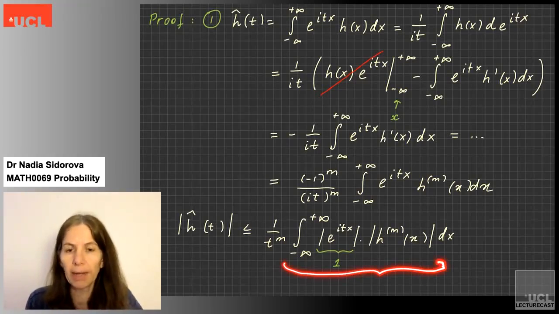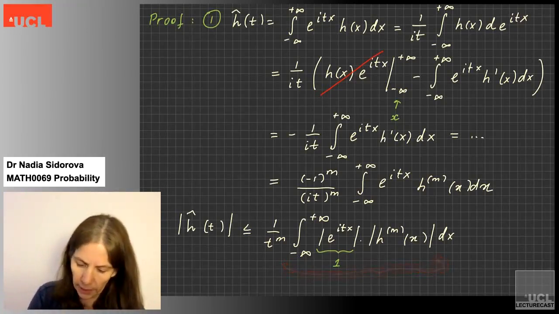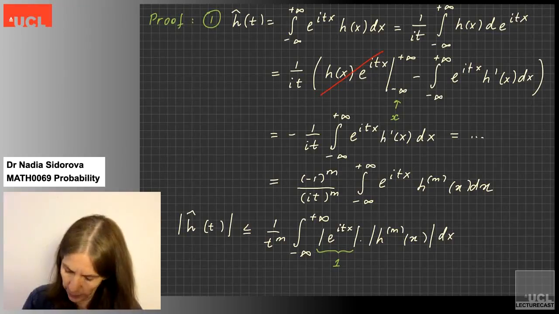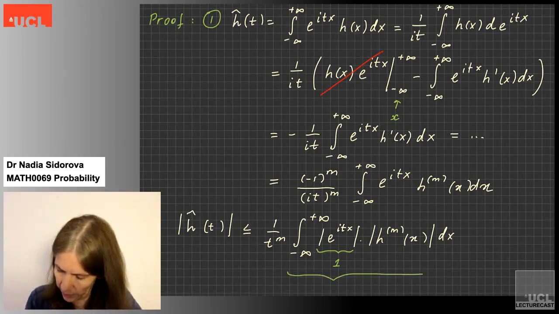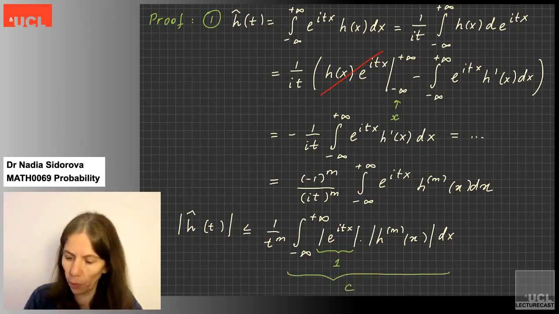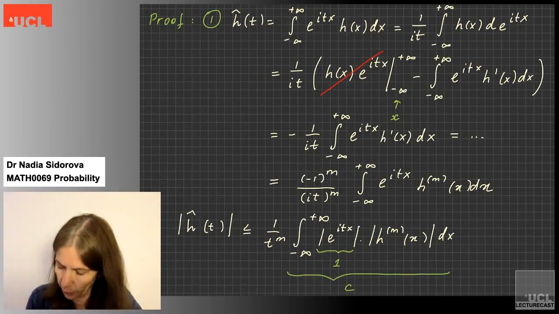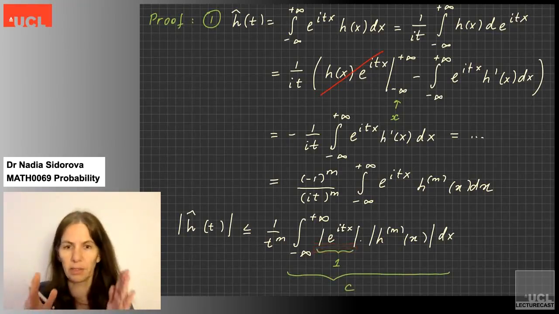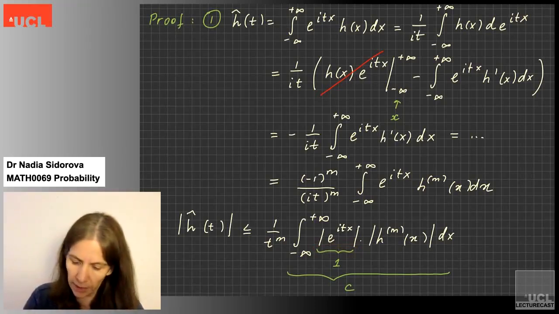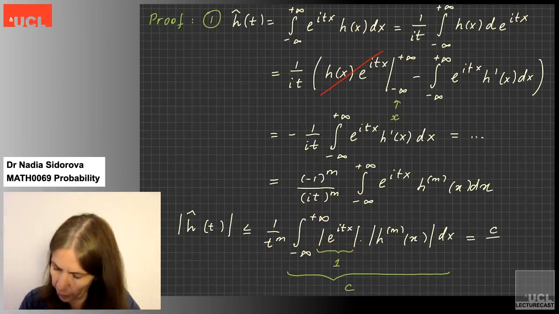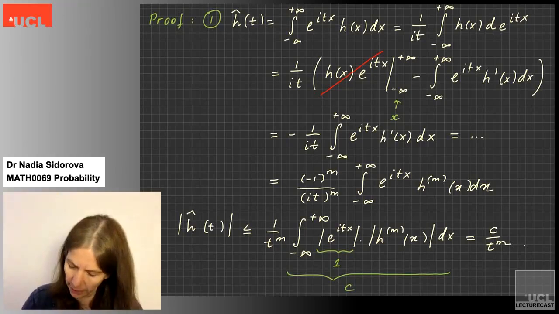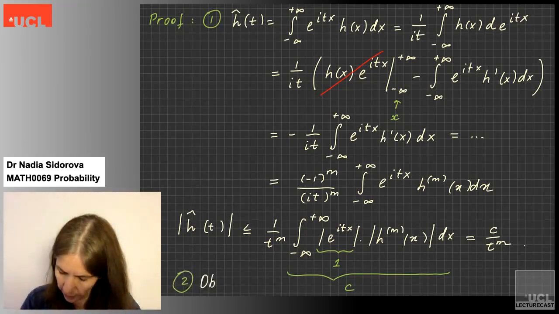And I can take the value of this very integral as my constant c. So this is how I get c over t to the power m. And maybe let's add that the second part we agreed is quite obvious.